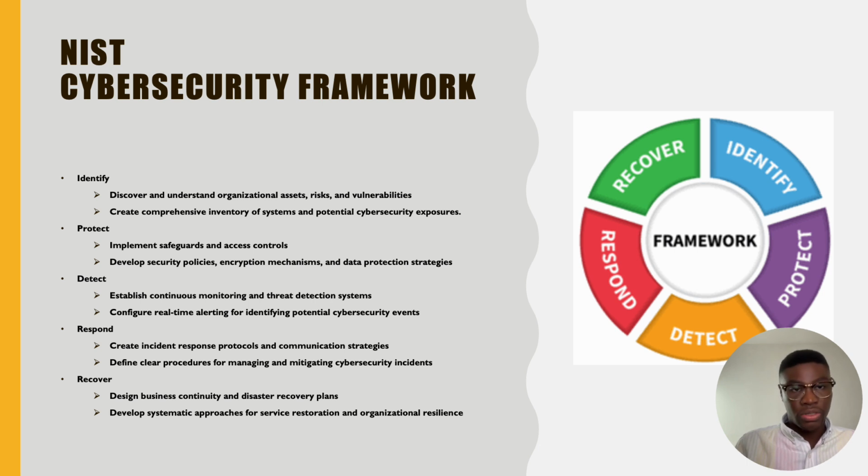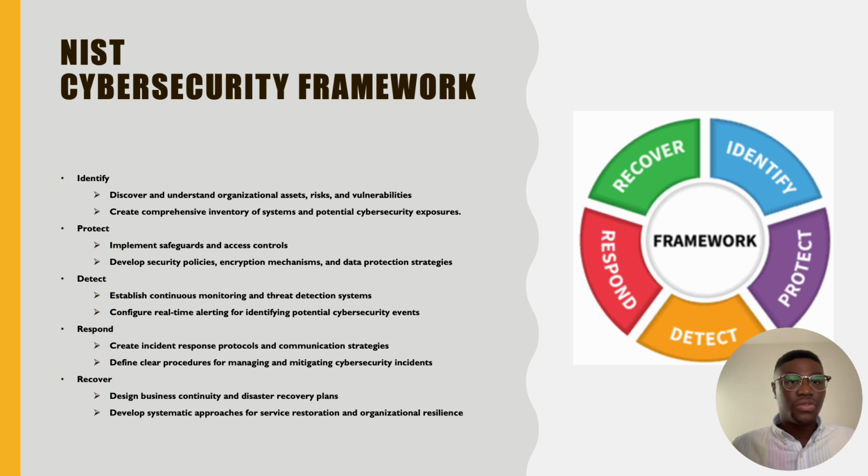After we do that, under the identify function, we create a comprehensive inventory of systems and potential cybersecurity exposure. What this means is that we list all that inventory down and write out the risks. We can't get the entire set of risks that can occur, but we need to jot down the ones that we can come up with.